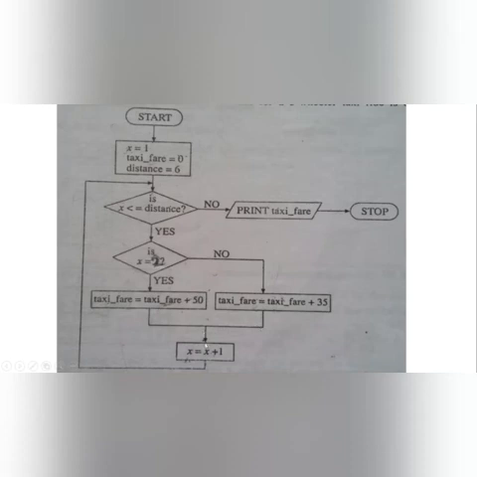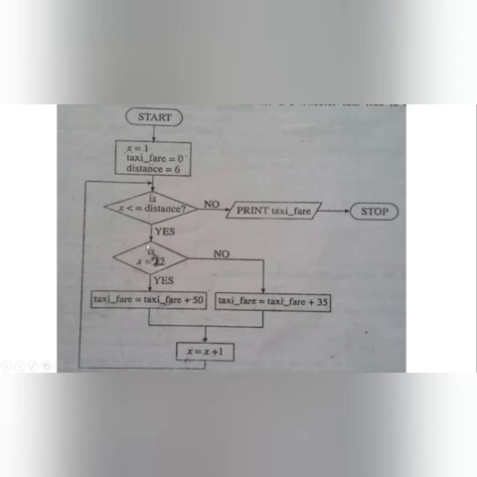So the data flows, and now the new x becomes the old x plus 1, which is 4 plus 1, which is 5. The data flows and another repetition begins, and in the boolean they are asking, is x less than or equal to the distance, is 5 less than or equal to 6. Since our answer is still yes, we still go in the yes path.